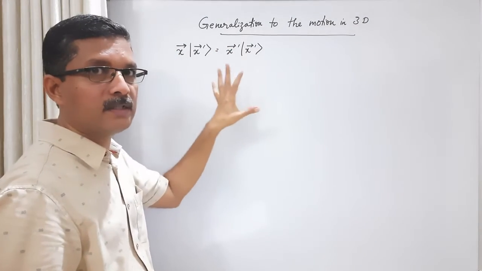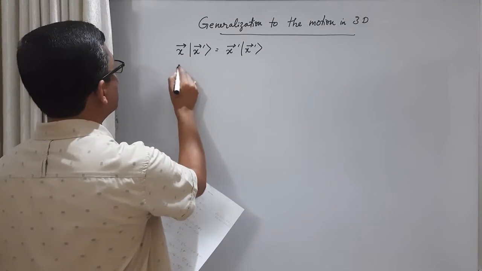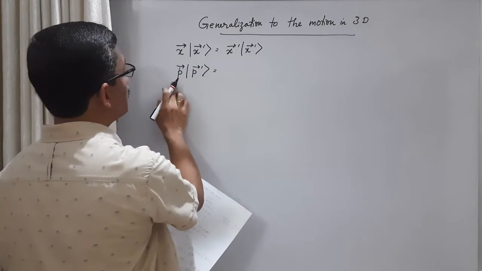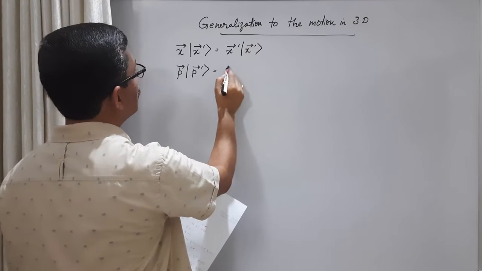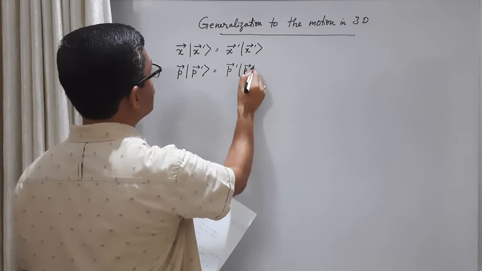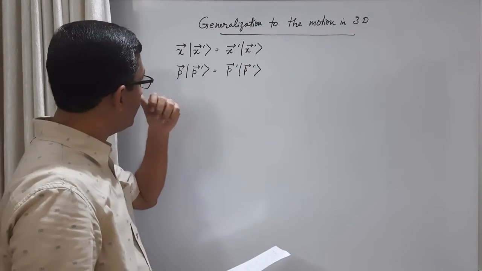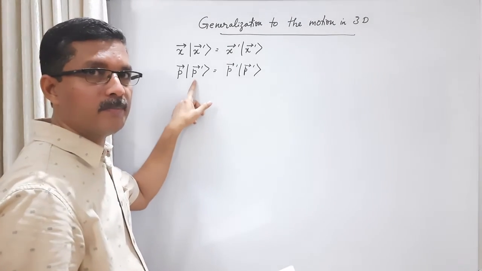These are all collective symbols. Similarly, for the momentum operator, the three-dimensional momentum operator acting on this ket is equal to the momentum eigenvalue times this ket. Again, this ket p prime is a collective index for px prime, py prime, pz prime.